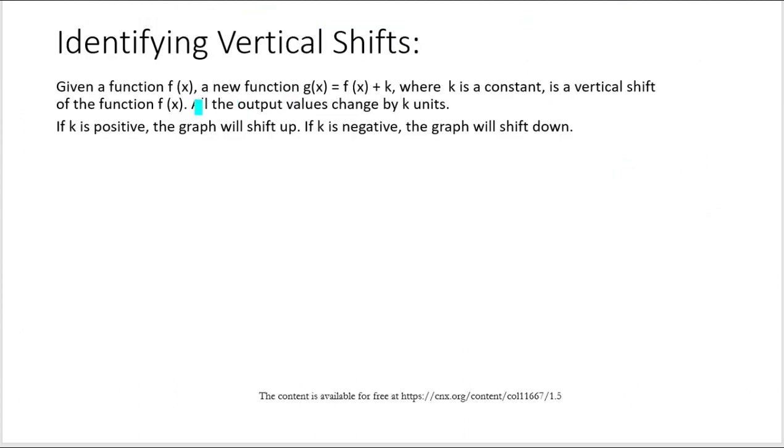So here we have g of x is equal to f of x plus k, k is a constant and is a vertical shift of f of x. All the outputs change by k units. If k is positive, the graph will shift up, and if k is negative, the graph will shift down.